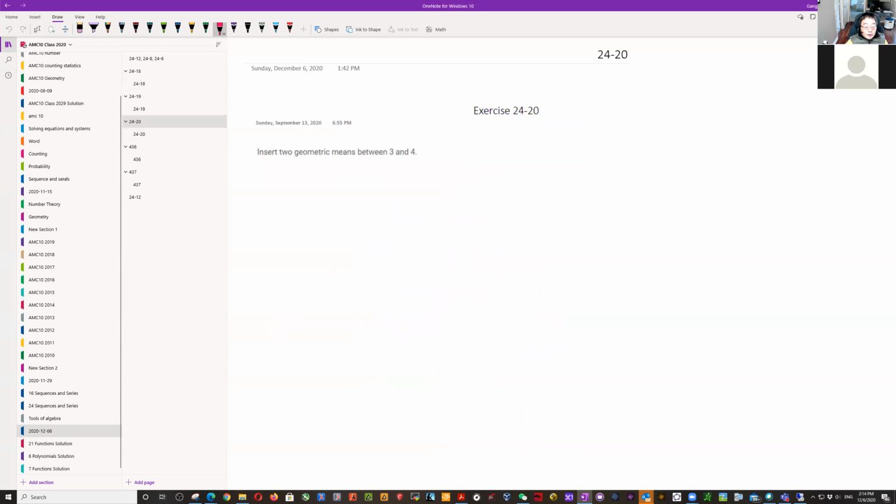So let's try to see inserting two geometric means between 3 and 4. When you see insert, just follow the formula. Between 3 and 4, a1 equals 3, then a2, because I have to insert 2 extra, equals 3r, a3 equals 3r squared, and a4 equals 3r cubed, which is also equal to 4, because we have two numbers at both ends.